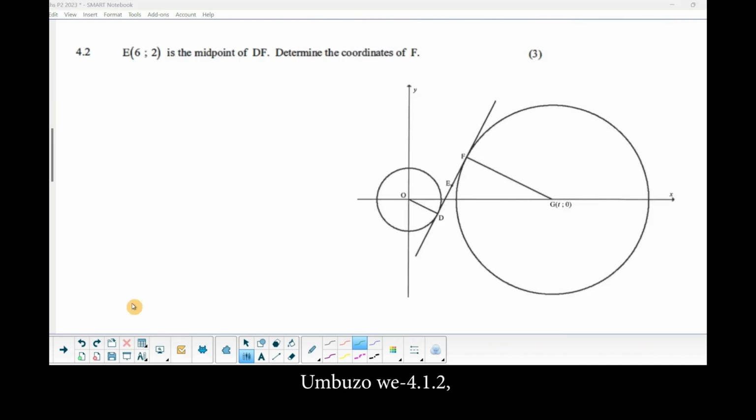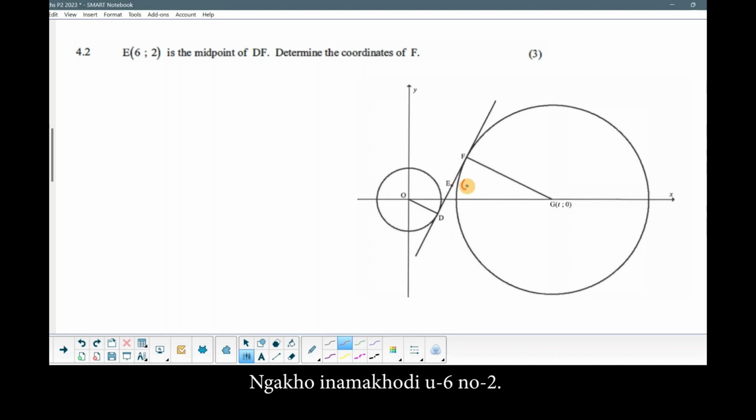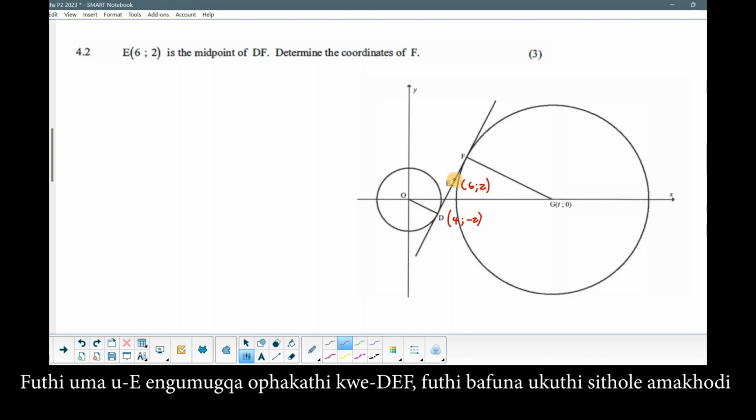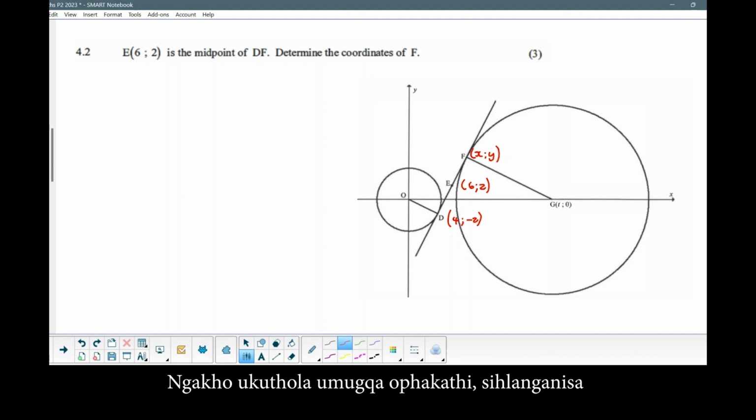Question 4.2. They say that E is the midpoint of DF. So E is at this point here, and it has the coordinates (6, 2). We've worked out D to have the coordinates (4, -2). If E is the midpoint of DF and they want us to find the coordinates of F, I'm going to call that (x, y) and see what happens. To find the midpoint, we add the two x's and divide by 2, and the two y's and divide by 2.